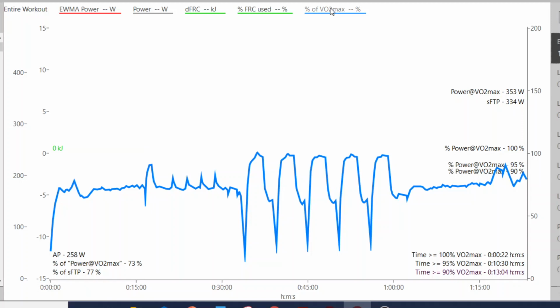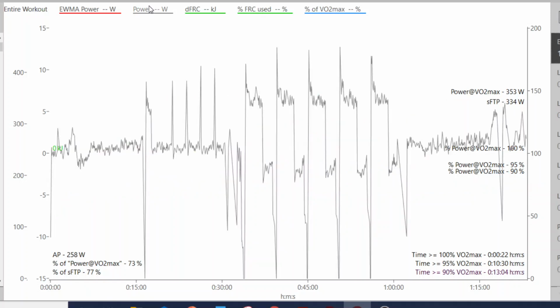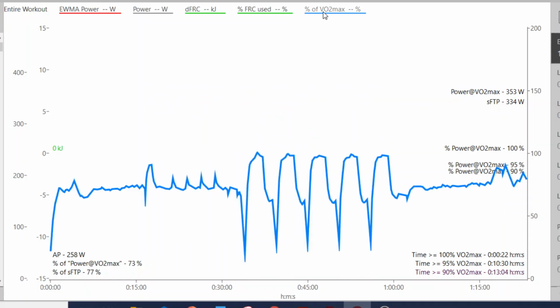It's abbreviated here, but it's percent of power at VO2 max. This is based on a 25-second exponentially weighted moving average of power. Again, a 25-second exponentially weighted moving average of power. Why?